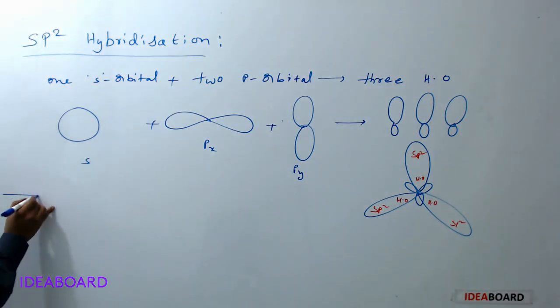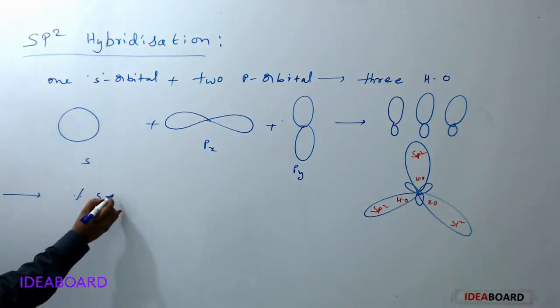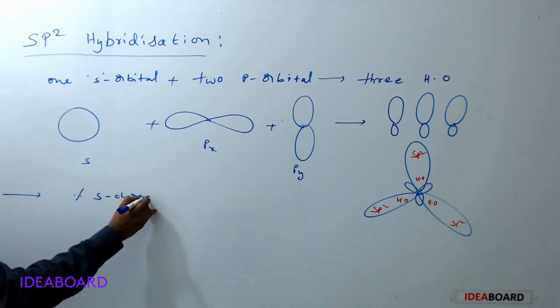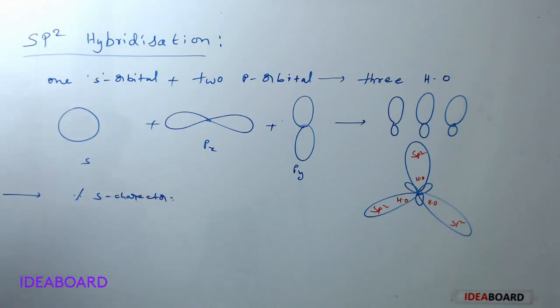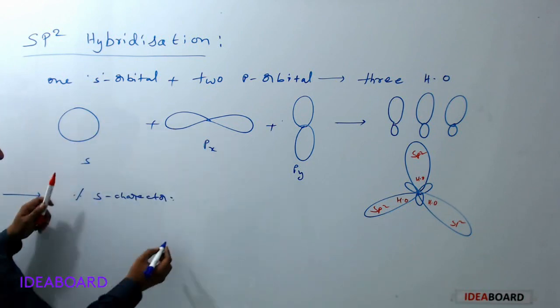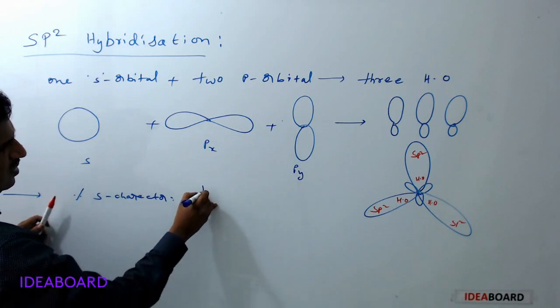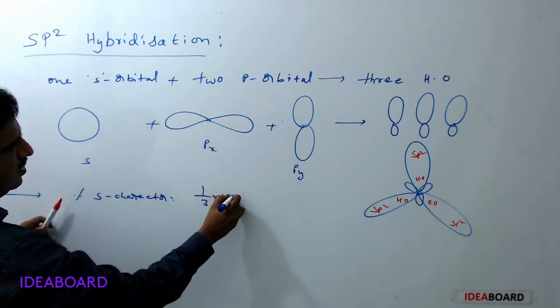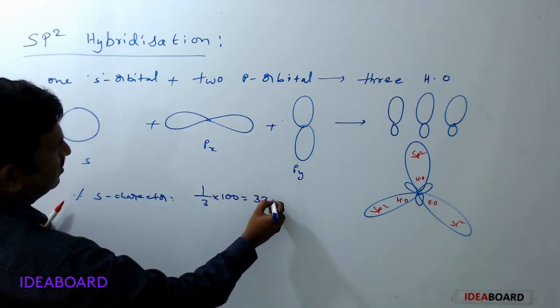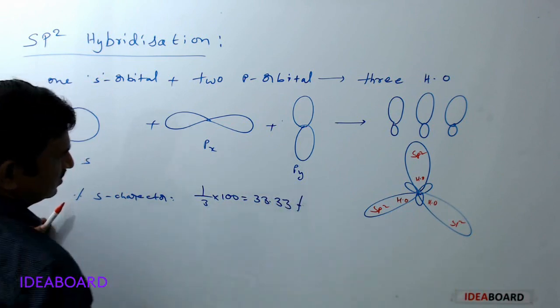Next, the percentage of s character present in each sp2 hybrid orbital. How many s orbitals are present? 1, and the total number of orbitals is 3. So 1 by 3 into 100, we get 33.33%.